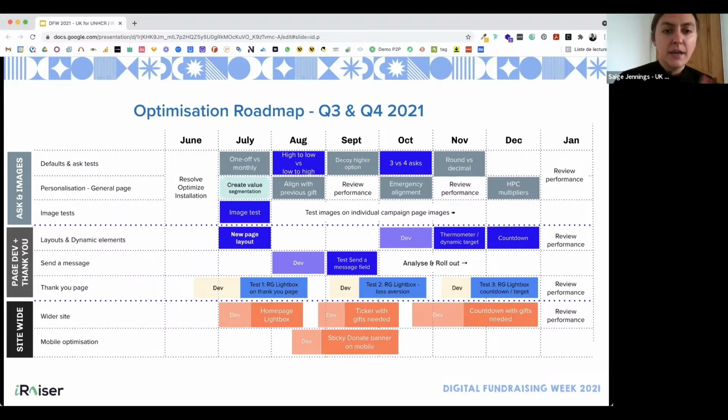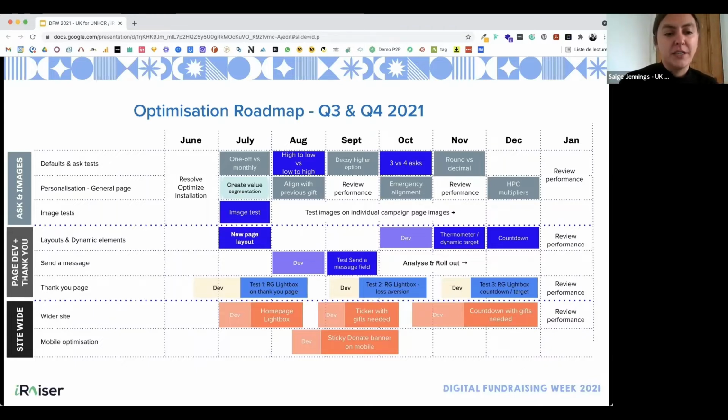With that in mind, this was what we landed on for Q3 and Q4 for the rest of this year. Similar to those 3 pillars, it was looking at how we could test the ask and the images, and how we'd be able to test the page development and thank yous. So with the thank you page, how we could improve that journey or what we could include.